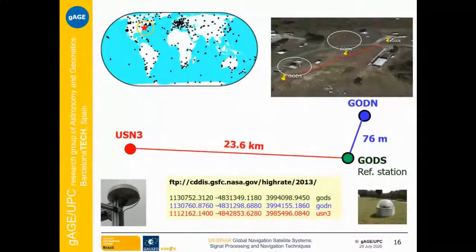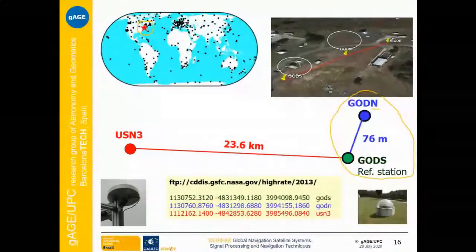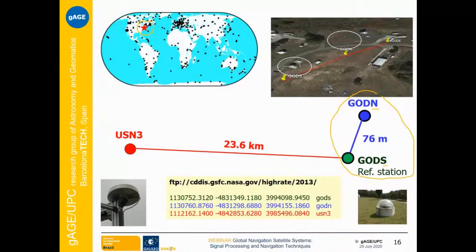We have 3 permanent stations, so we know where they are. 2 are located at the NASA Goddard Center, the Goddard North and the Goddard South, which we assume is the reference station. And we have another receiver, the USNO 3 receiver, located 24 kilometers away from the reference station. And we will see how the differential GNSS works.